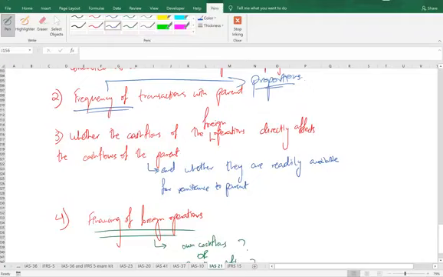Ultimately, this satisfies point two as well, and in essence it shows that the foreign operation is merely an extension of the parent. That's all.